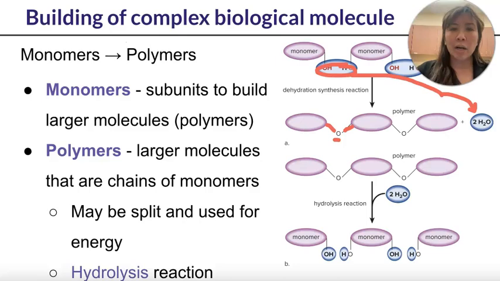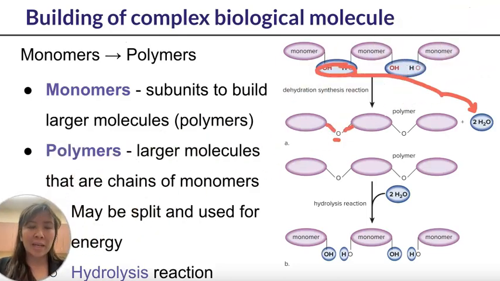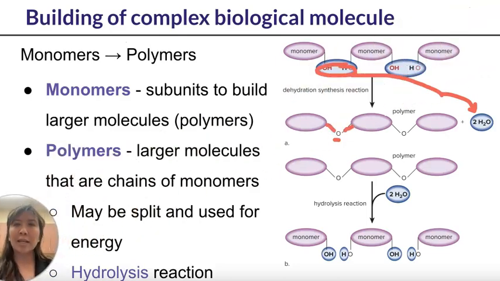So we're constantly splitting and combining monomers and polymers in order to either grow the molecule, making a polymer, or break it down to make monomers. Let's look at these reactions in more detail.